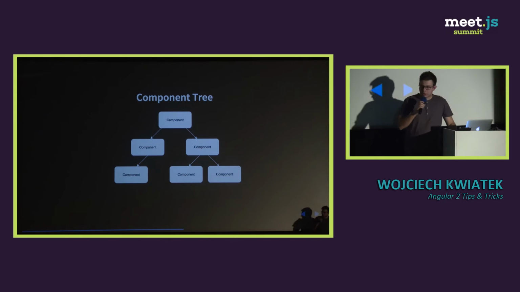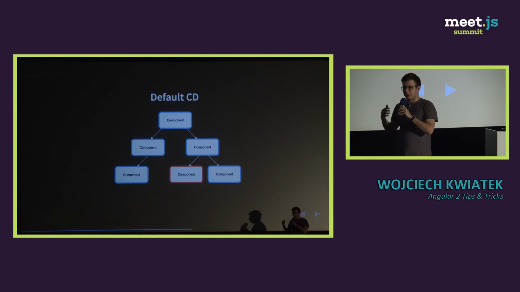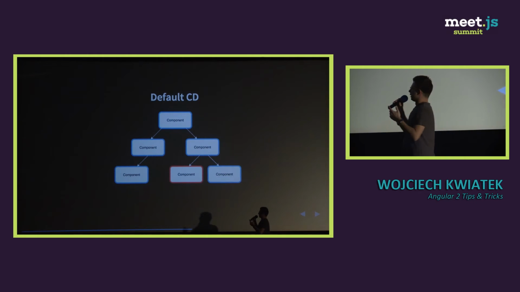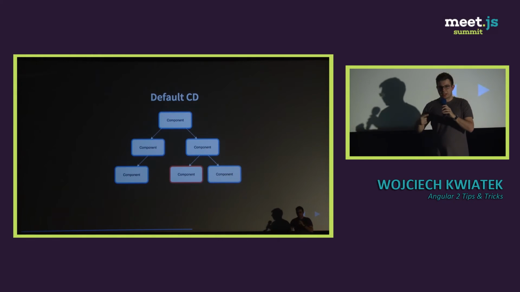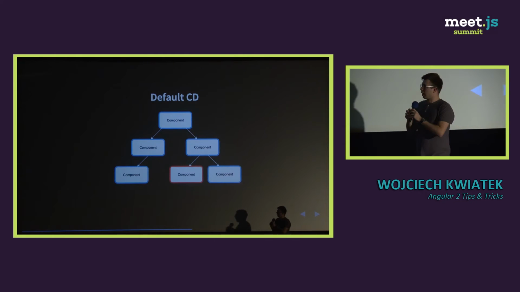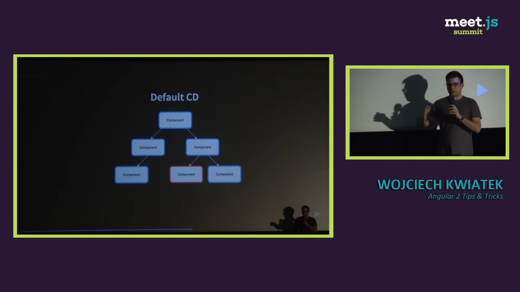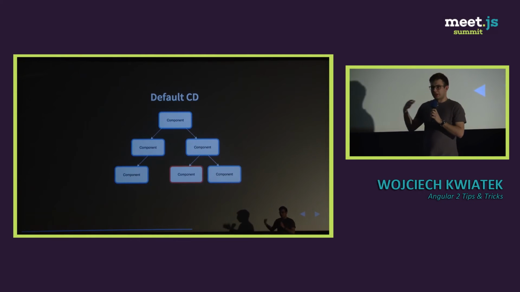So the problem is that default change detection works somehow like that. Let's assume that something changed in the component at the bottom, and Angular goes through all of the components and checks if something changed. You probably just noticed that something's wrong, because we know that only one component changed, but Angular by default is checking everything.